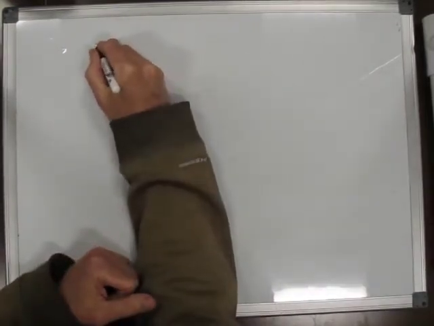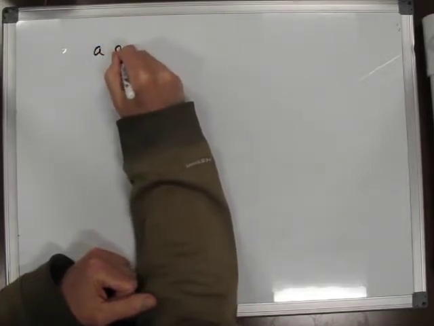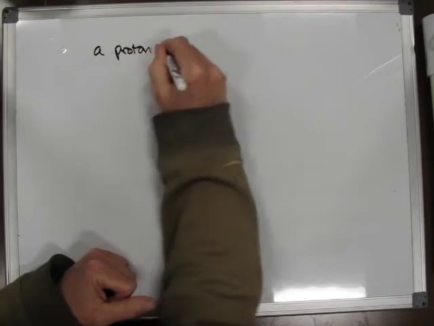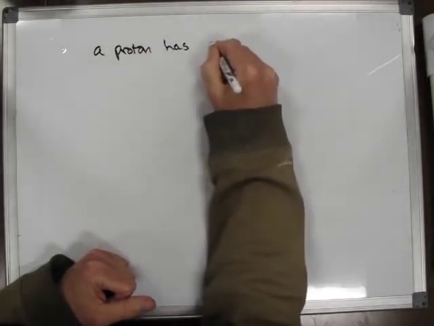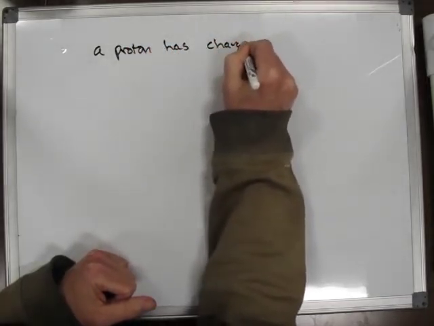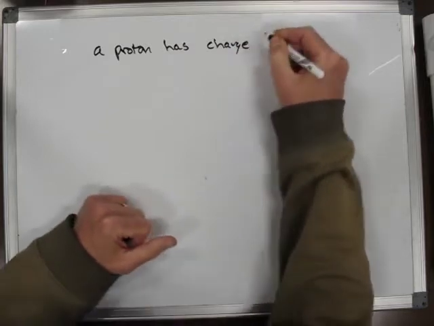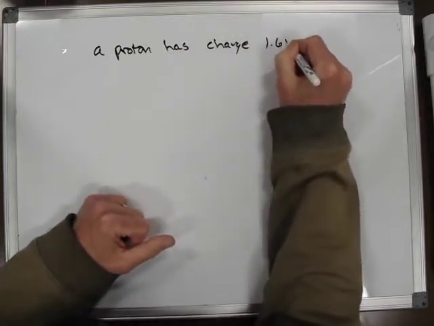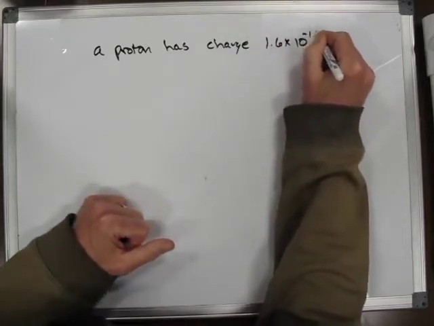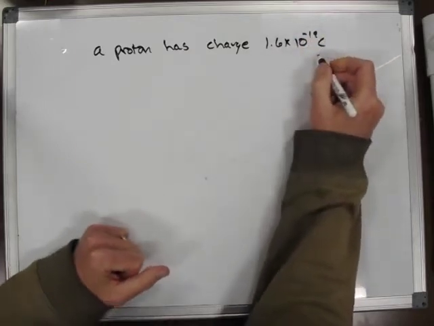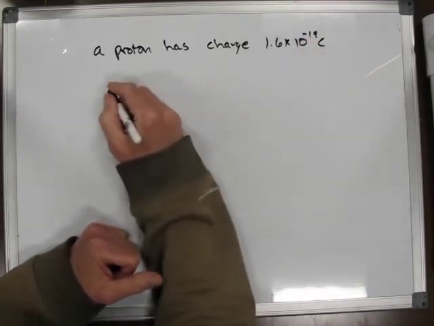So the charge on a proton is 1.6 times 10 to the minus 19th coulombs, and actually this defines a coulomb.